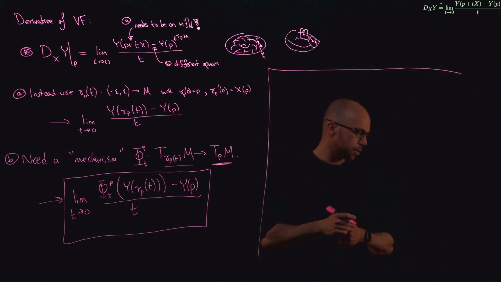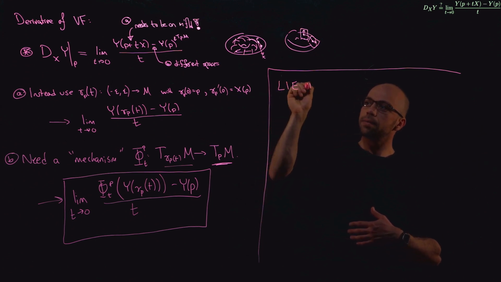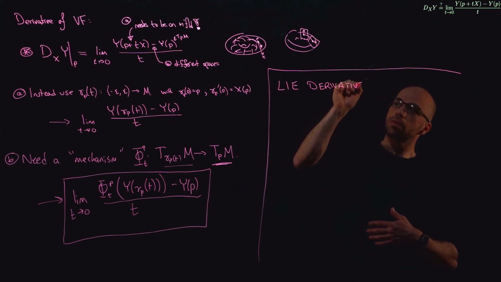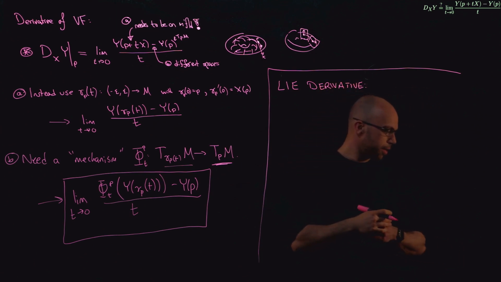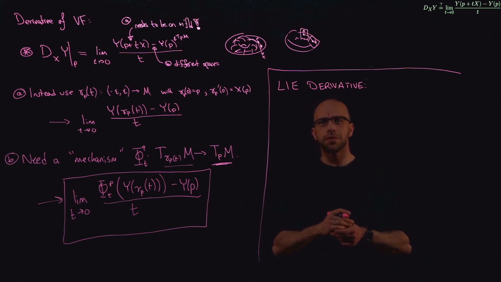So the first version of the story is something that we would call a Lie derivative, L-I-E. A Lie derivative is one basic way to differentiate a vector field, and it's built on the idea of solving ordinary differential equations.